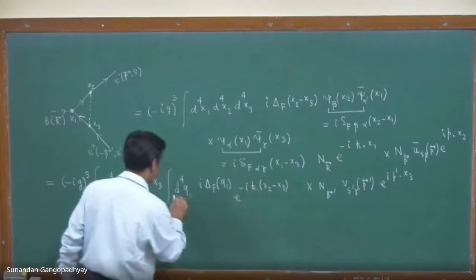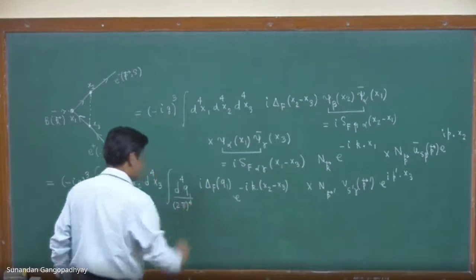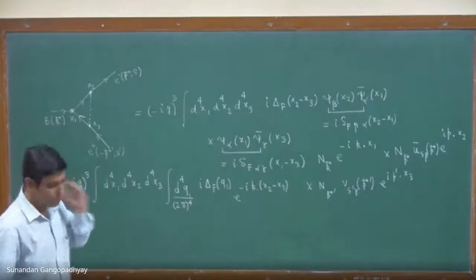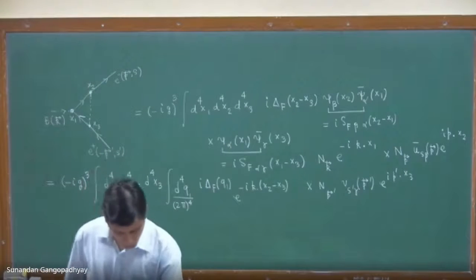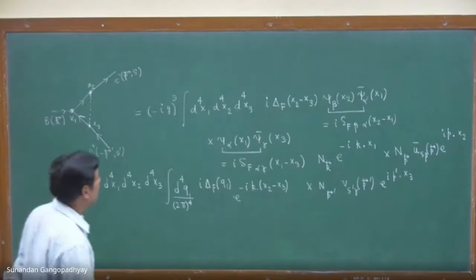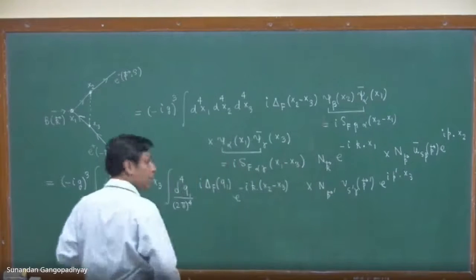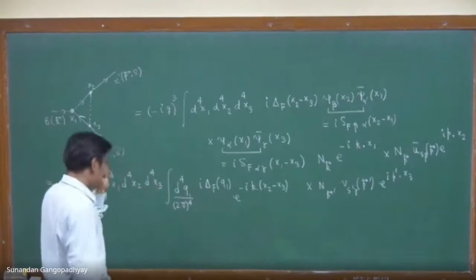So this is the Fourier transform of this. And then we also need to put the Fourier transforms of these two propagators.